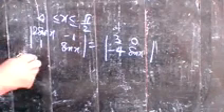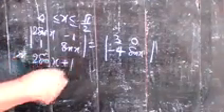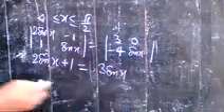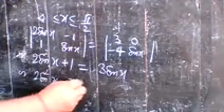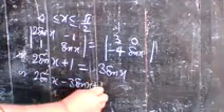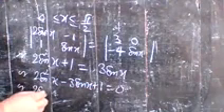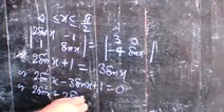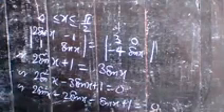So what you do? 2 sine square x plus 1 is equal to 3 sine x, or you can write 2 sine square x minus 3 sine x plus 1 is equal to 0. Now factorize it: 2 sine square x minus 2 sine x minus sine x plus 1 is equal to 0.